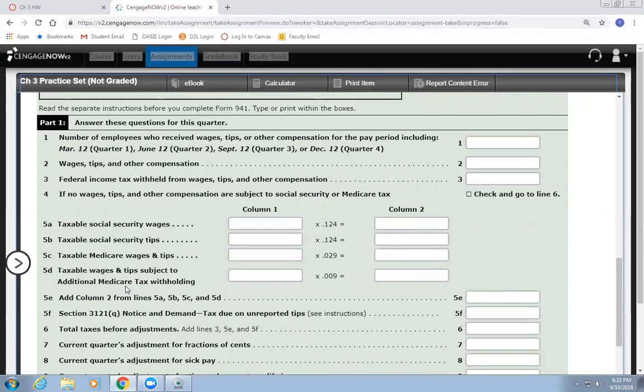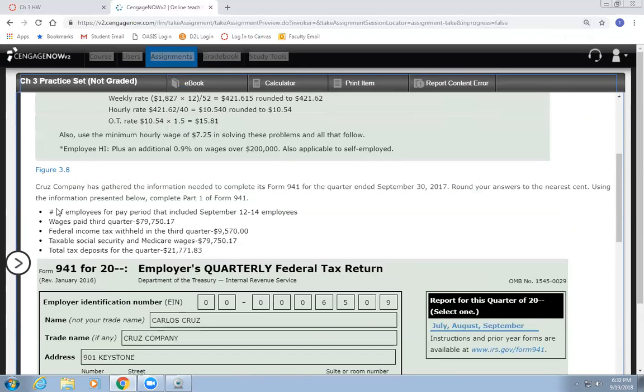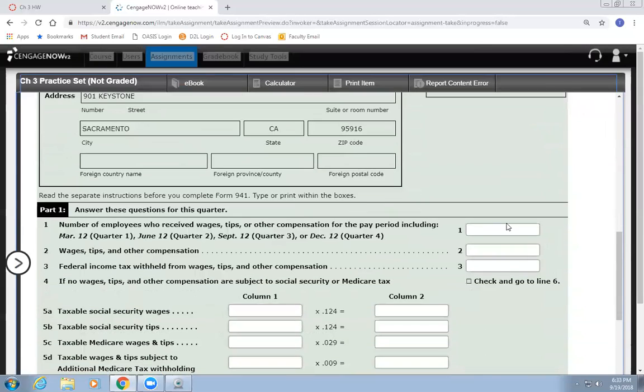Part 1 asks the number of employees who received wages, tips, or other compensation. If we read up here, it told us the number of employees for the pay period that included September 12th, I'm assuming, was 14 employees. The second line just asks for wages, tips, and other compensation.